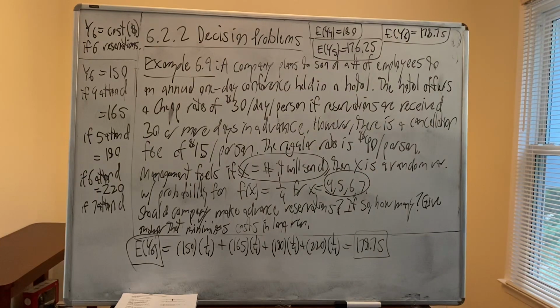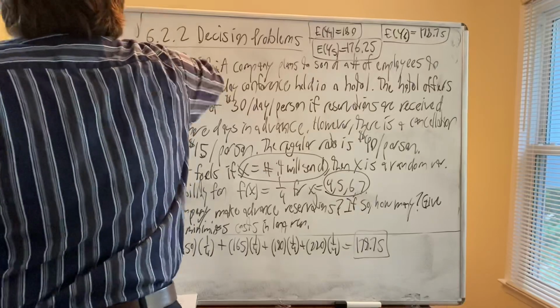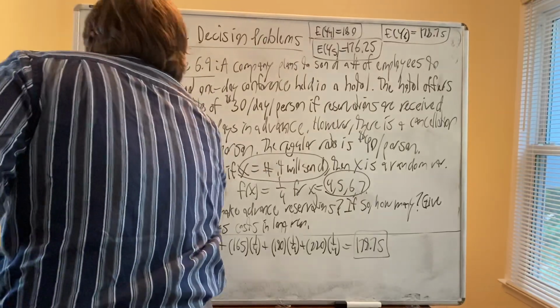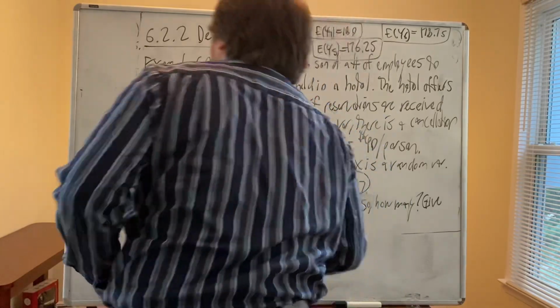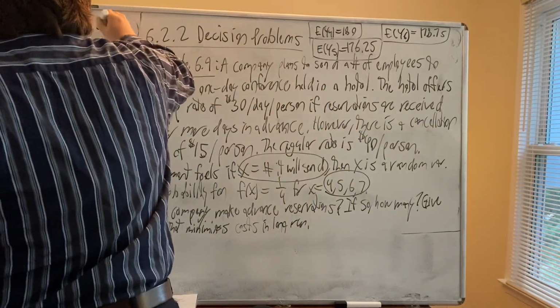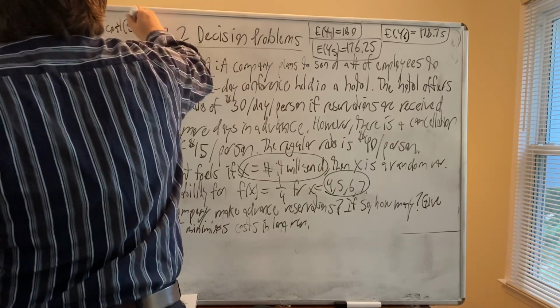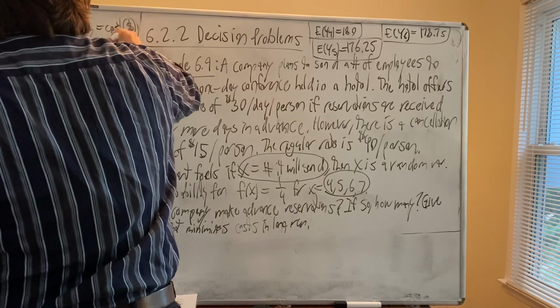Okay, and then let's find the expected value of y sub 7. Y sub 7 is the cost in dollars for the company if they make 7 reservations.